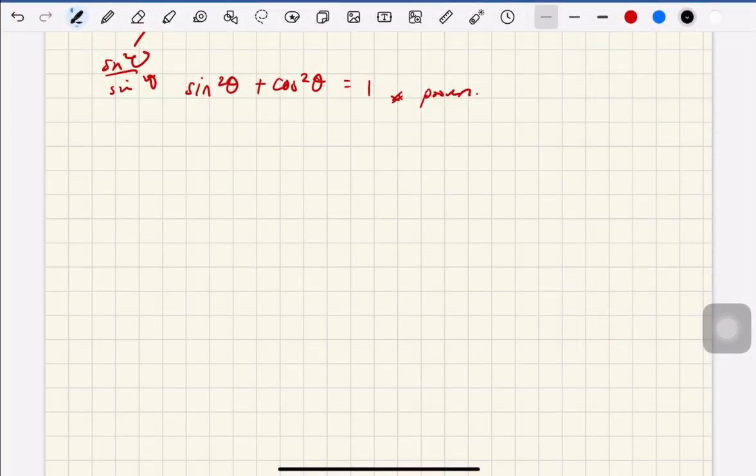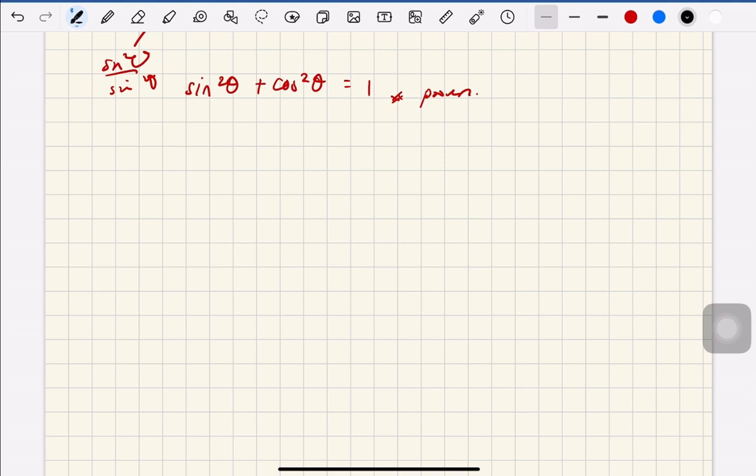Okay, so just now we have learned how to derive our basic identity, sine squared theta plus cos squared theta equals to 1. Now we're going to prove other trigo identities using the basic identity.